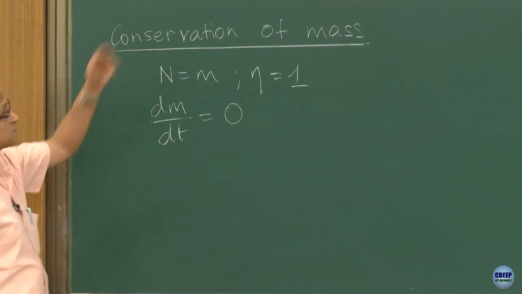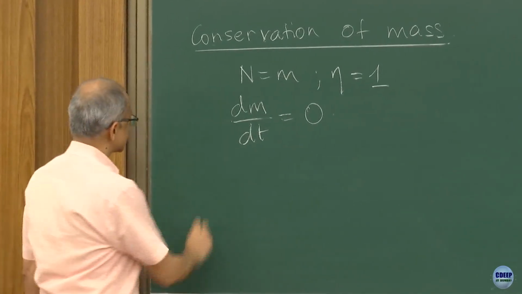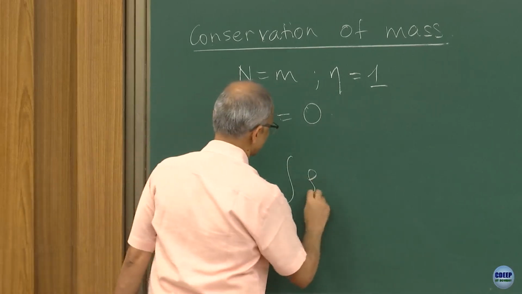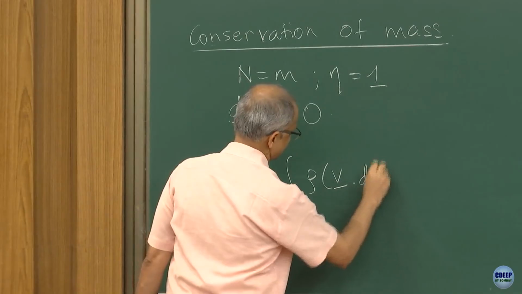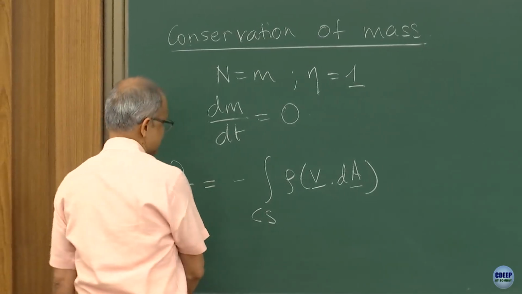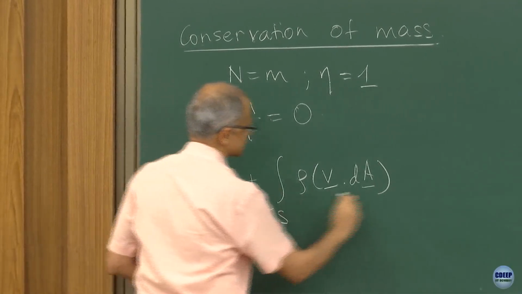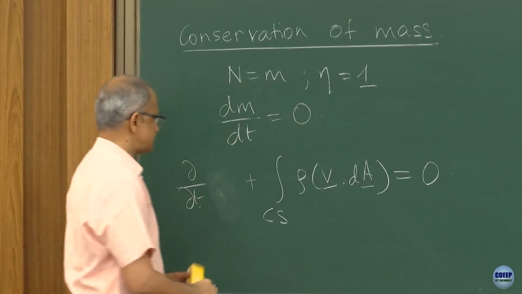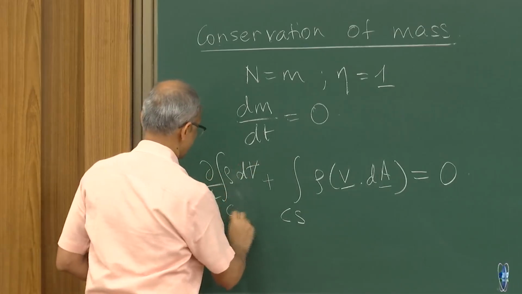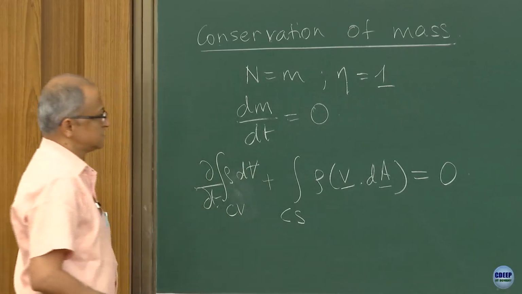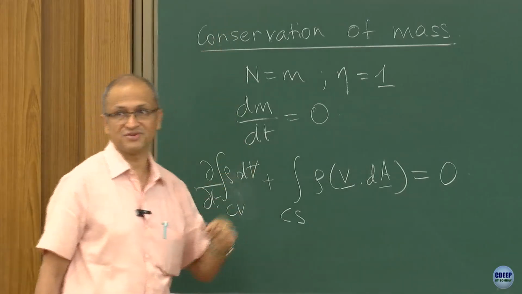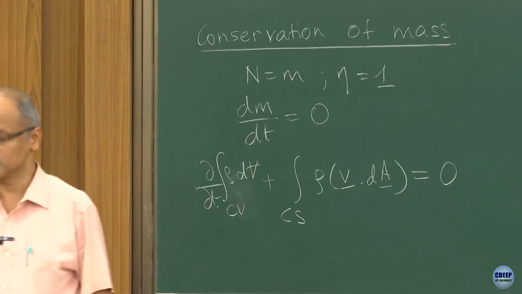Then the equation readily simplifies, and we get ∂/∂t of the integral of rho d volume equal to minus the integral of rho v dot d area over the control surface. Or, taking everything on one side, we equate it to 0. Here we use a V with a cross to denote the volume term, and the other one corresponds to velocity.